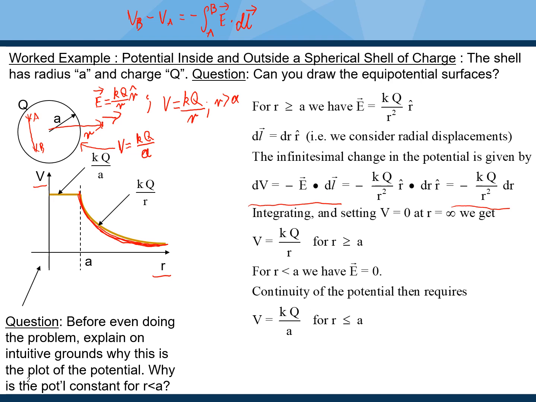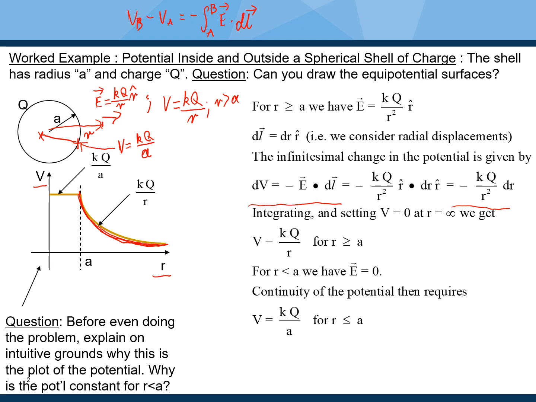What does that imply for the potential? Now, realize an important fact, which is that the potential on the surface of the sphere out here was identified to be kq over a. It means that I can connect this point out here to any other point on the interior of this spherical shell and say that the potential difference between these 2 points must be exactly zero.